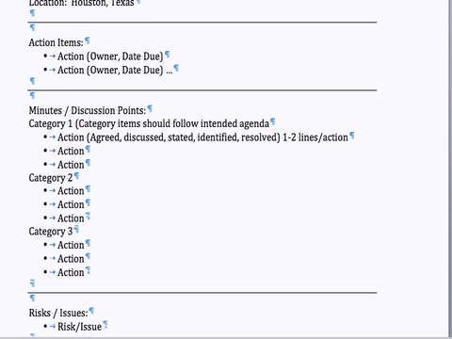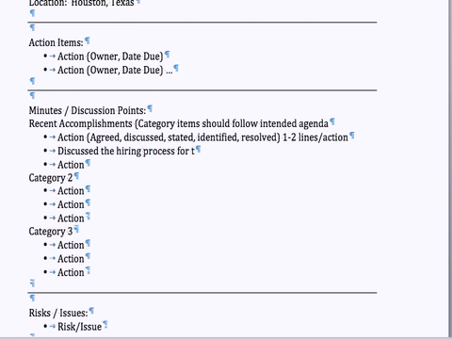So moving down to the meeting minutes during the meeting, each category would follow the outline of the meeting. So let's say the first category was recent accomplishments, and we discussed the hiring process for the kitchen staff.